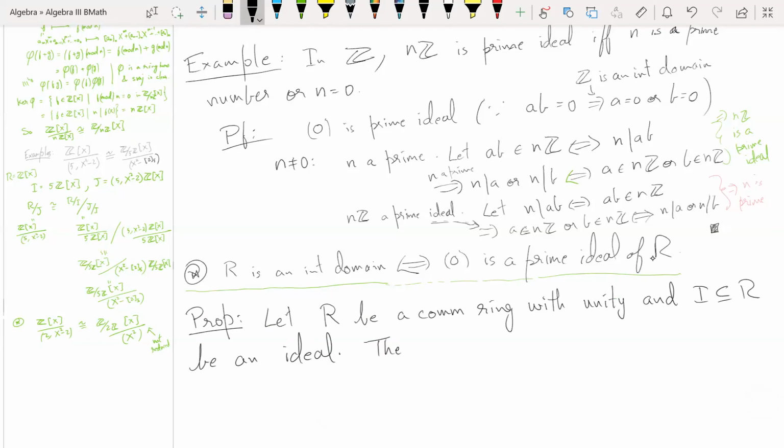then the ring R mod I is an integral domain if and only if I is a prime ideal.